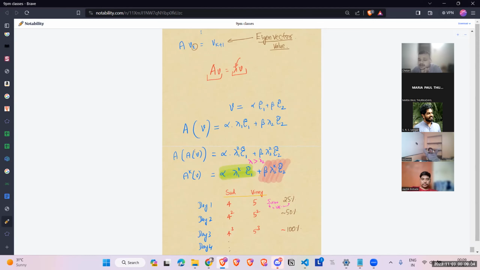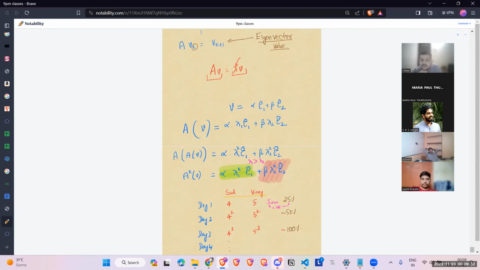And when we repeatedly do it, it's just that the lambda value gets multiplied multiple times. We're just taking repeated multiplications of that scalar value. That's what we observed.